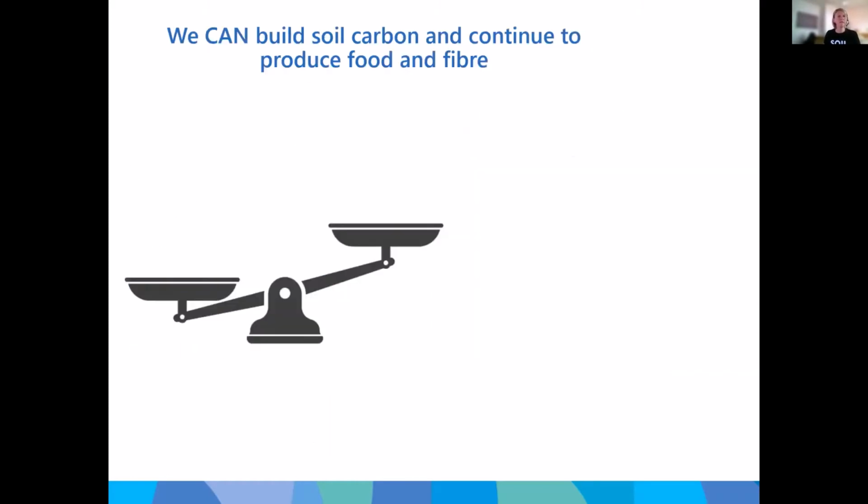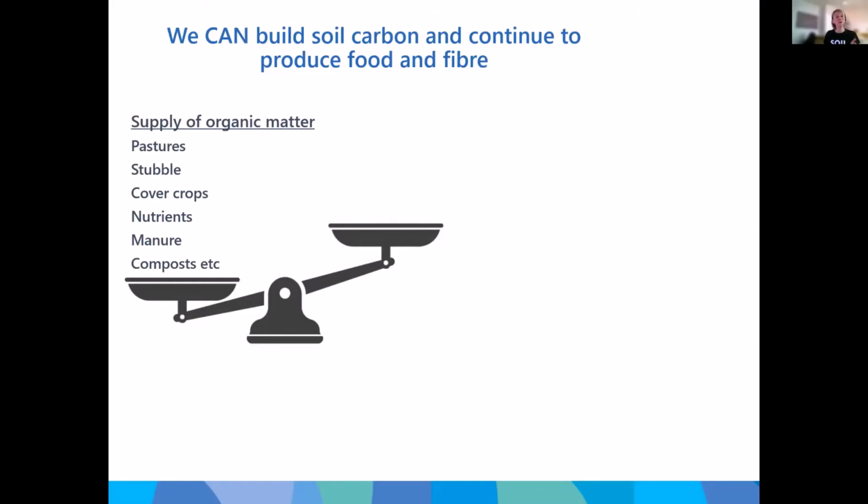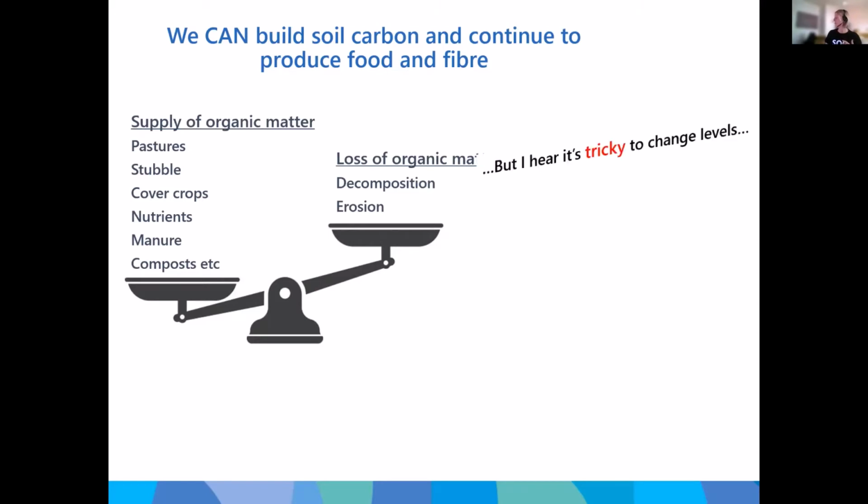But what we know is that we can build soil organic carbon at the same time as producing food and fibre, because we can influence the supply of organic matter through pastures, pasture composition, legumes in our pastures, stubble retention, cover crops, managing our nutrients so our plants can grow big and healthy, managing our nutrients for the microscopic livestock underneath so we can stabilize more carbon in that humic pool, looking at manures and compost being brought to the site, and minimizing the loss of organic matter, primarily through erosion, but also by making sure that the decomposition of organic matter that's happening is happening at the right time so that we're getting those benefits as well.